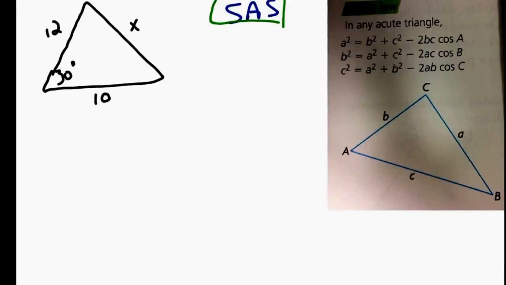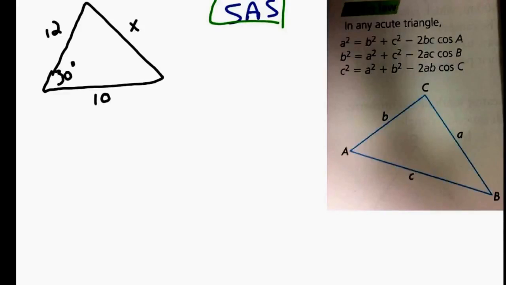Okay, so they have three different formulas that you can use. Just like sine law, we could do A in angle A, B in angle B, C in angle C. The same thing works for cosine law.